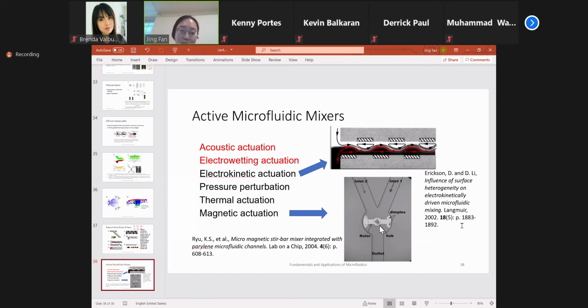And the second one, electrowetting actuation. So basically the mechanism here is that when we want to mix 2 streams of fluids, under the laminar conditions, it's relatively difficult. Right? However, if we just mix 2 small droplets, because of the small dimensions of the droplets, you can imagine we have 2 separate droplets.